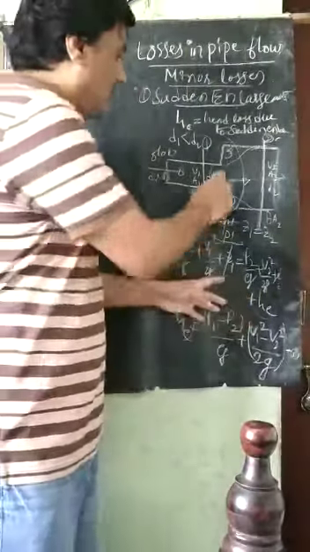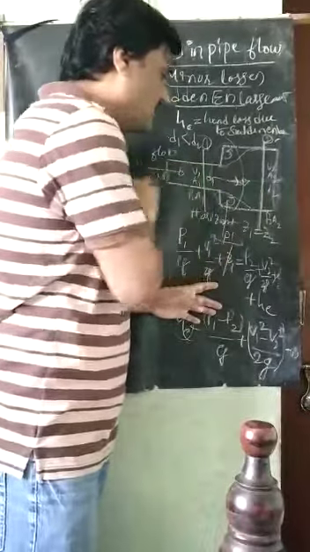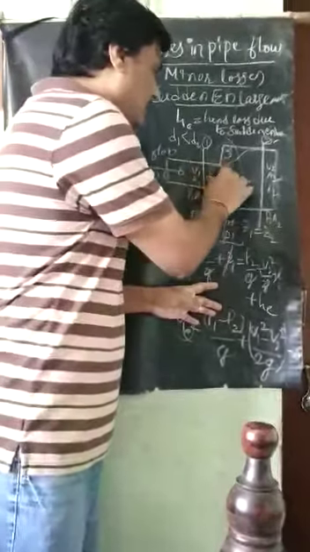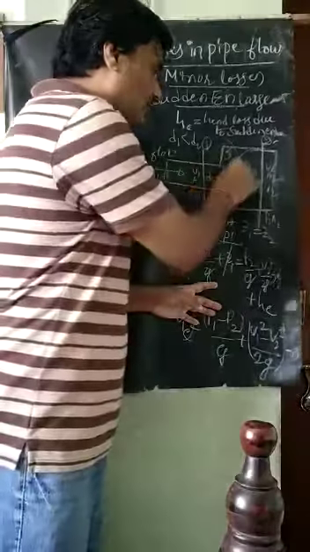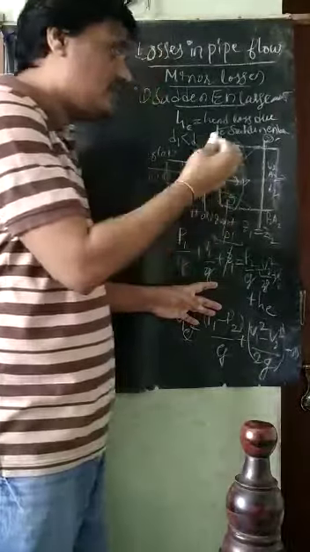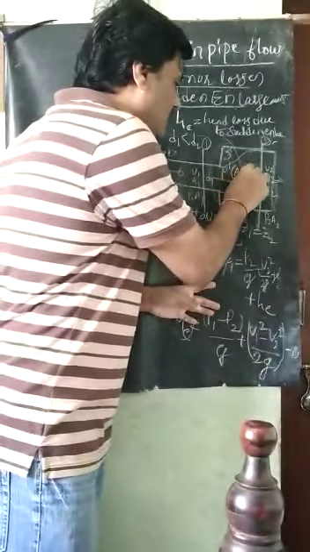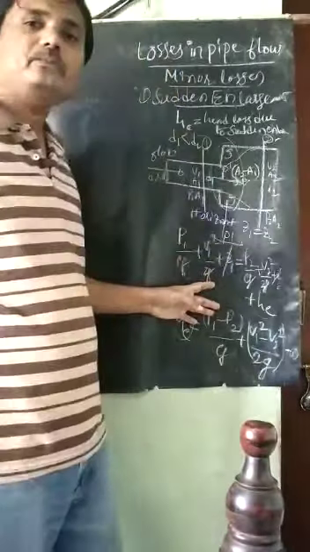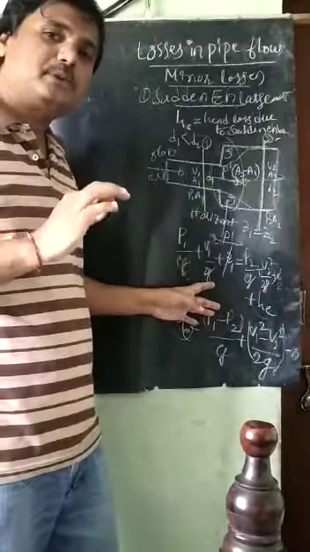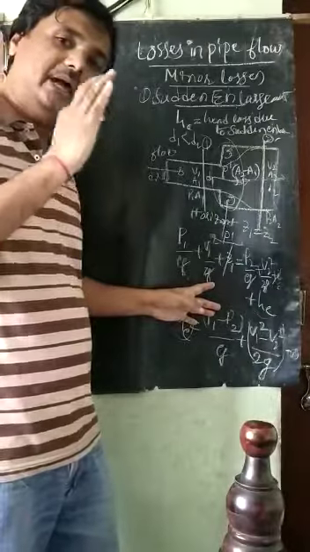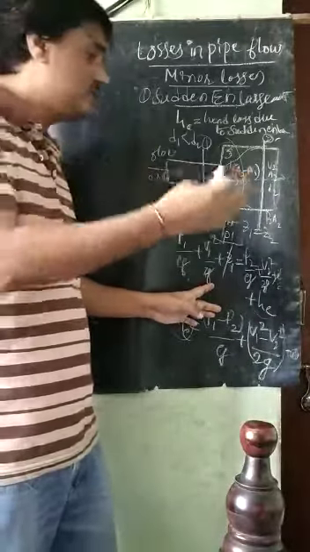So the pressure developing is the P dash pressure force times the change of area, which is A2 minus A1. This is the pressure force which will be developed due to the sudden change of the area.